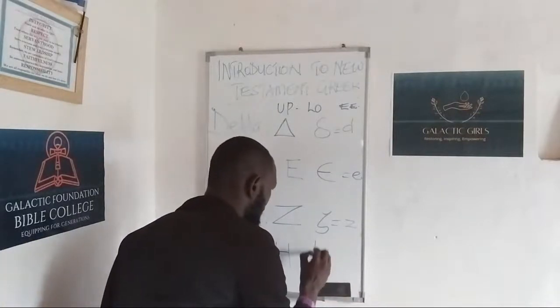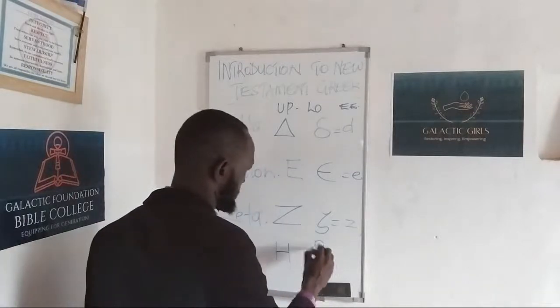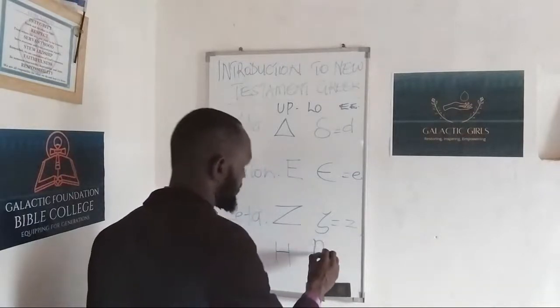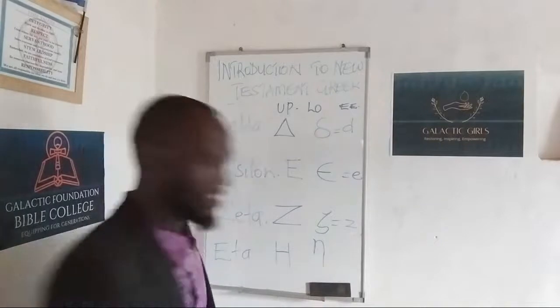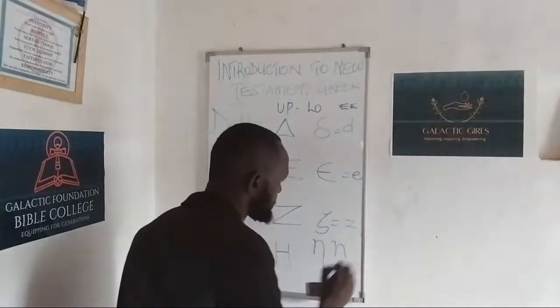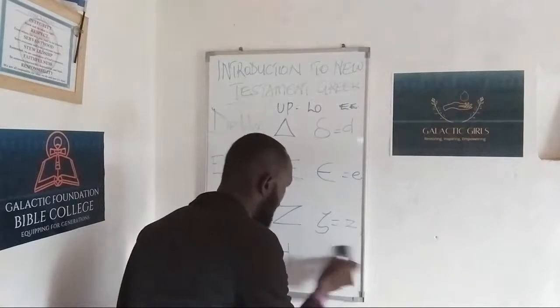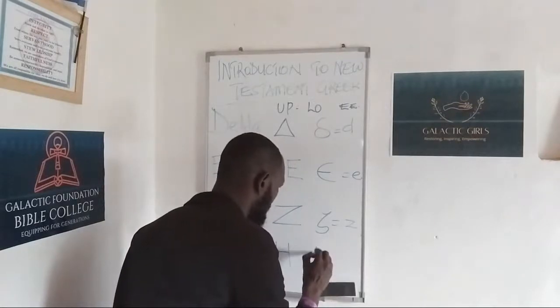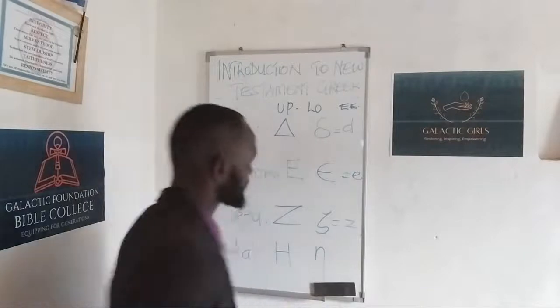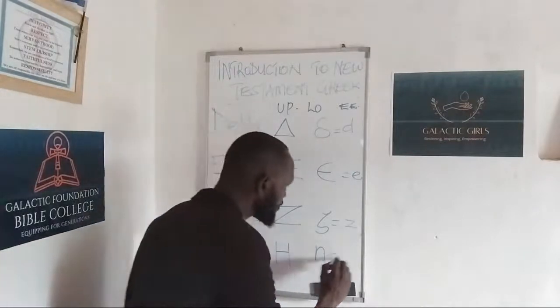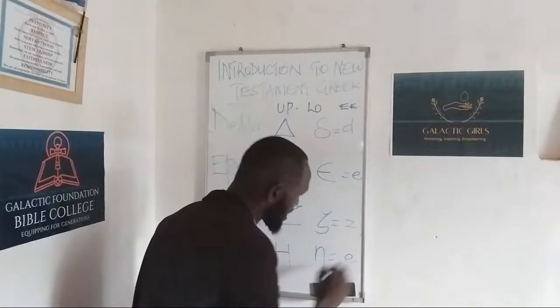Now you're writing an English N, but then you give it a tail. Notice an English N, then you give it a tail. That is the lowercase eta. Now, this is also equivalent to the English E.